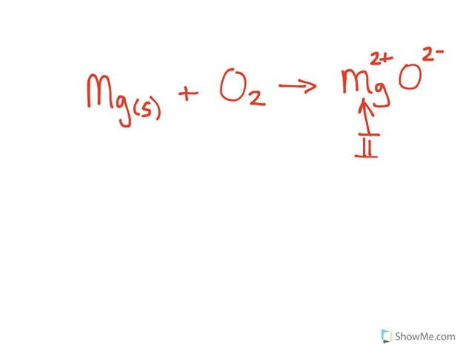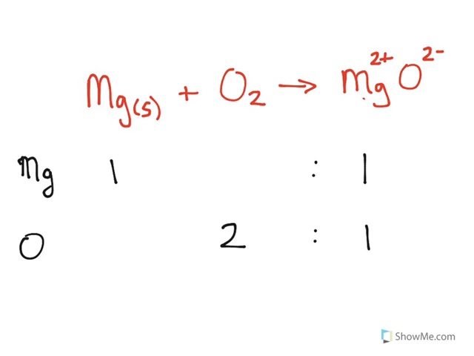Okay, let's have a look at balancing this equation then. Well, we can see that on the left-hand side we have 1 magnesium, and on the right-hand side we also have 1 magnesium. If we look at oxygen, on the left-hand side we have 2 oxygen atoms, and on the right-hand side we only have 1 oxygen atom.